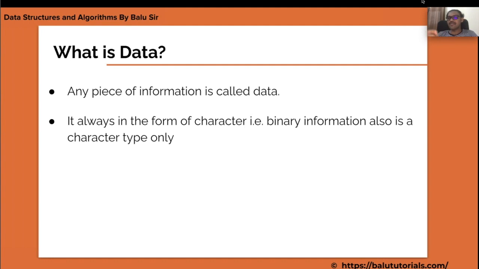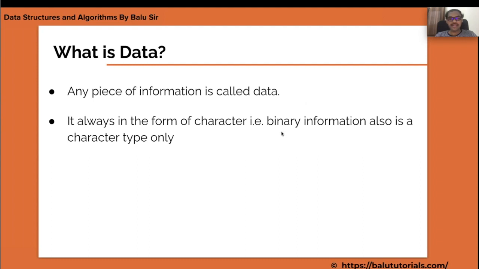So any piece of information is called data, and any data is represented in the form of characters, even binary data we call characters.